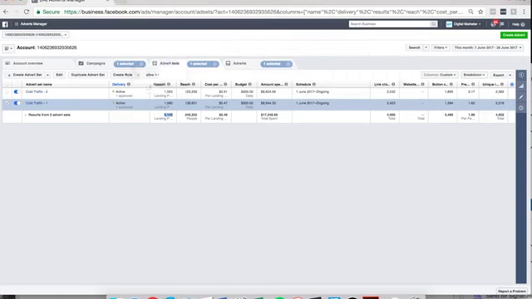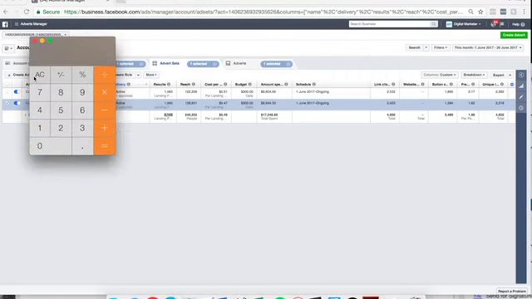So if we whip out our handy calculator here and we divide those two numbers, we'll find that the conversion rate on this particular landing page for us is a little under 70%, which is really, really good.